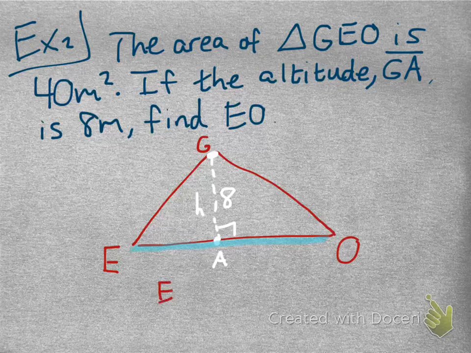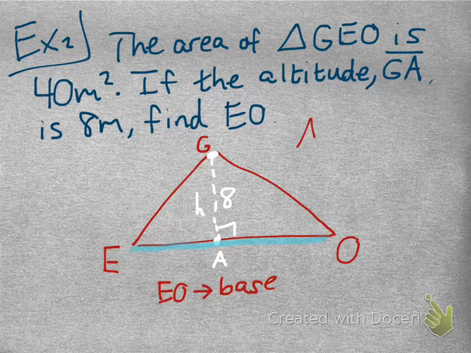So EO is the base, which really is just a fancy way of saying: we know the area is 40, and we also know that the area of a triangle is 1/2 base times height. They give us the height, and we just need to find the base.